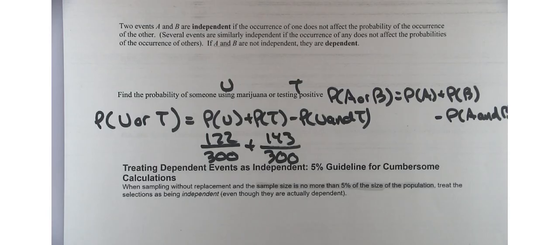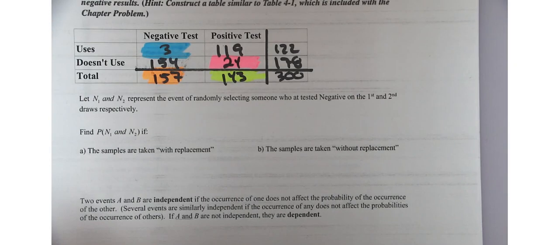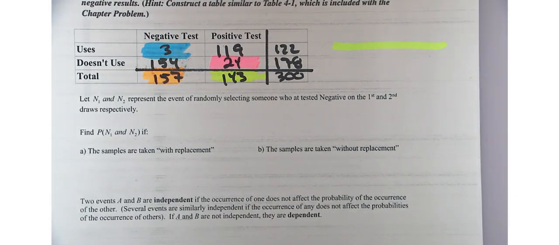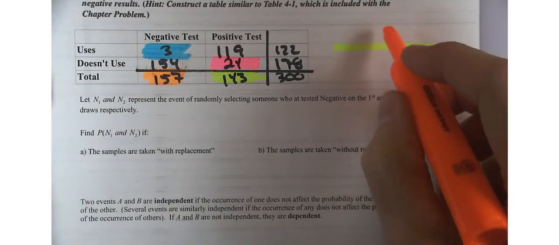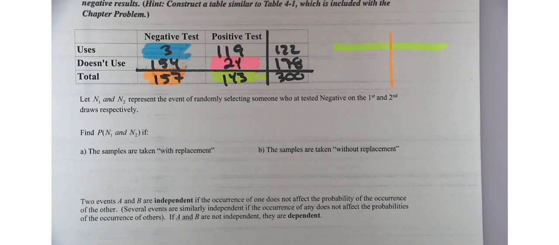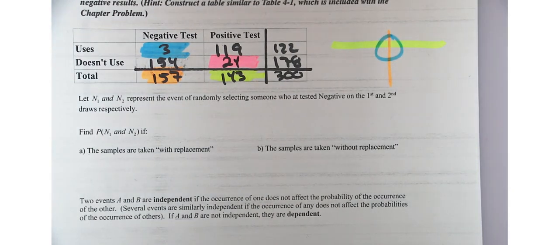Now the problem is you've got some overlap when you do that. If you looked at our table, we had the first line across, and then we did another one down, and those overlap right here. So we've had some double counting. So we're going to subtract off where we had that double counting.